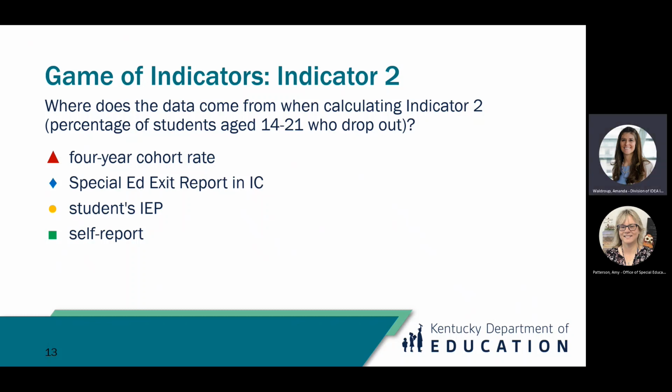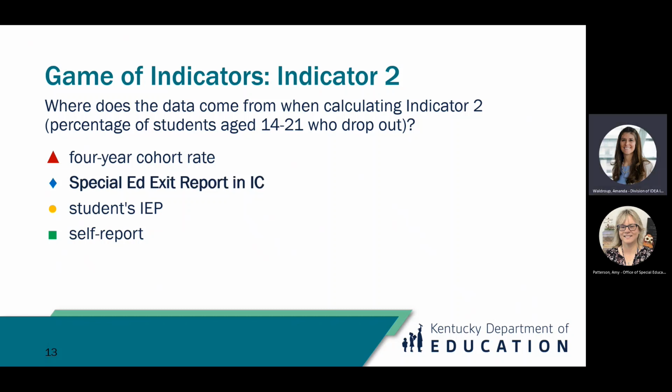Question number 2, where does the data come from when calculating indicator 2, percentage of students aged 14 to 21 who drop out? The 4-year cohort rate, Special Education Exit Report in Infinite Campus, the student's IEP, or self-report?